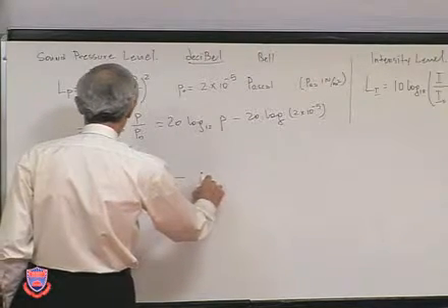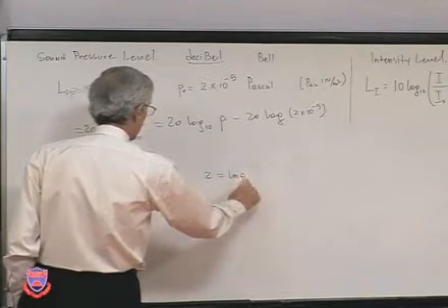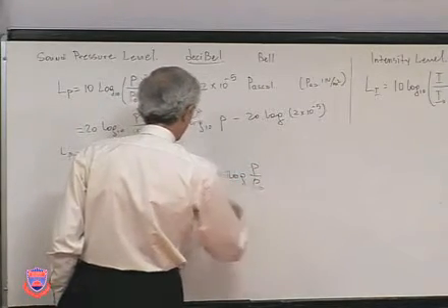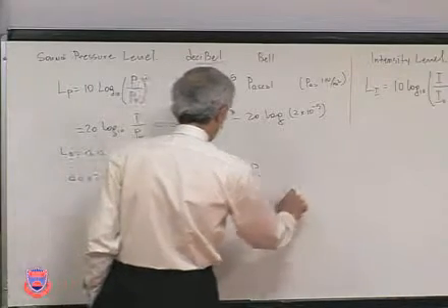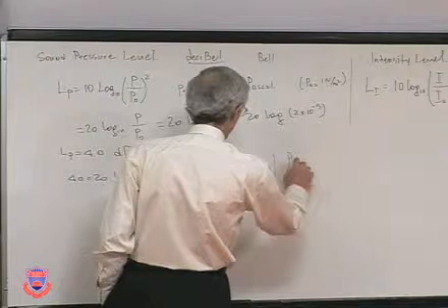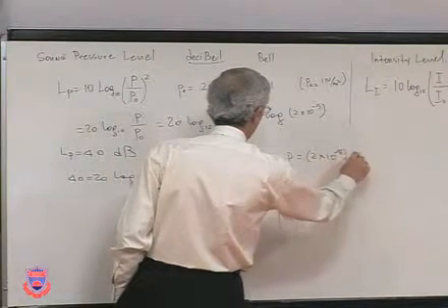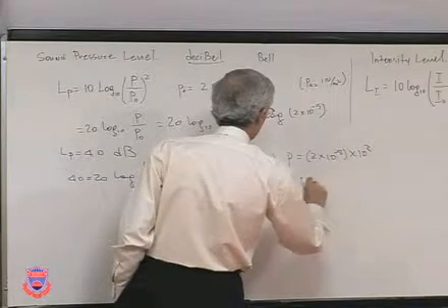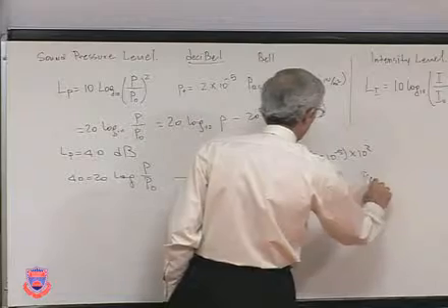And from here you have 2 equals log P over P0, so sound pressure would be 2 times 10 to the minus 5 times 10 squared, so that would be 2 times 10 to the minus 3 Pascal.